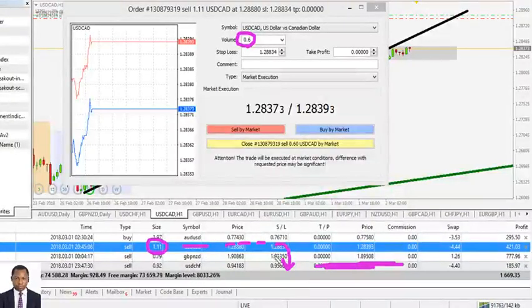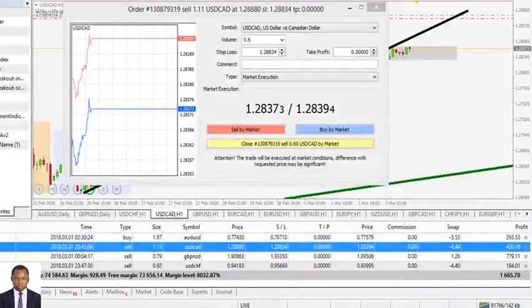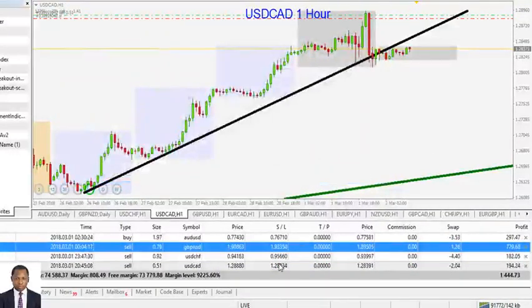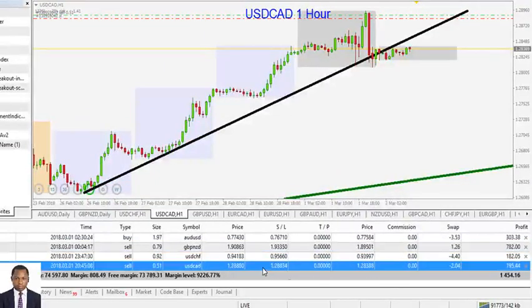So let's cash out that. Okay, closing partial lot. You can now see the USD CAD right here. It's been dropped to the last trade currently running, and the lot size has now been reduced to 0.51. So that is how to cash out the partial lot.